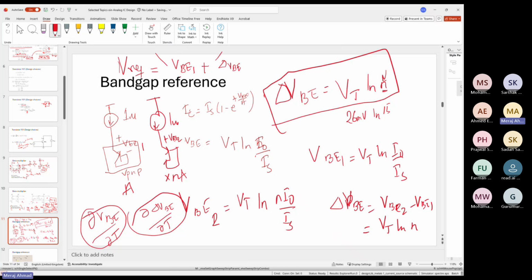But we have seen in the graph that the slope is not the same, so we need a scaling factor. Can we have some scaling factor alpha here? If one increases and one decreases with temperature, they would cancel each other out and you get a fixed value across temperature.